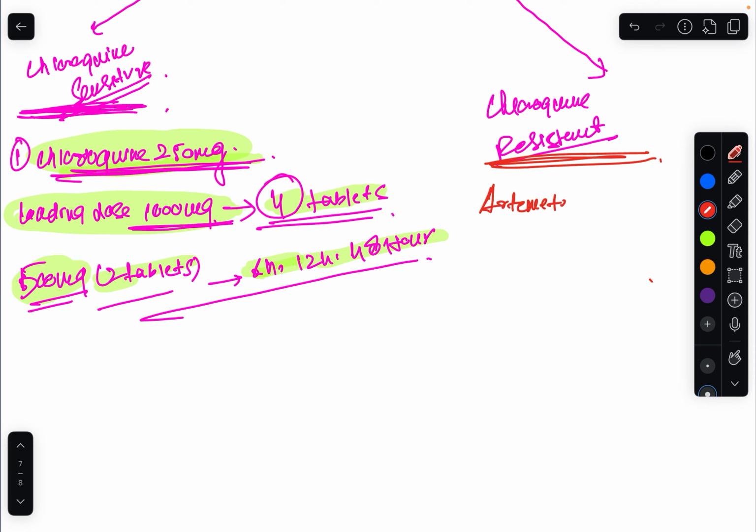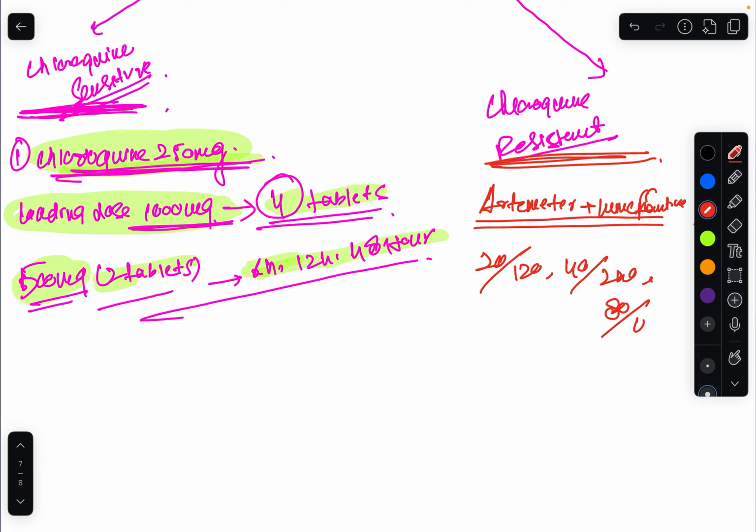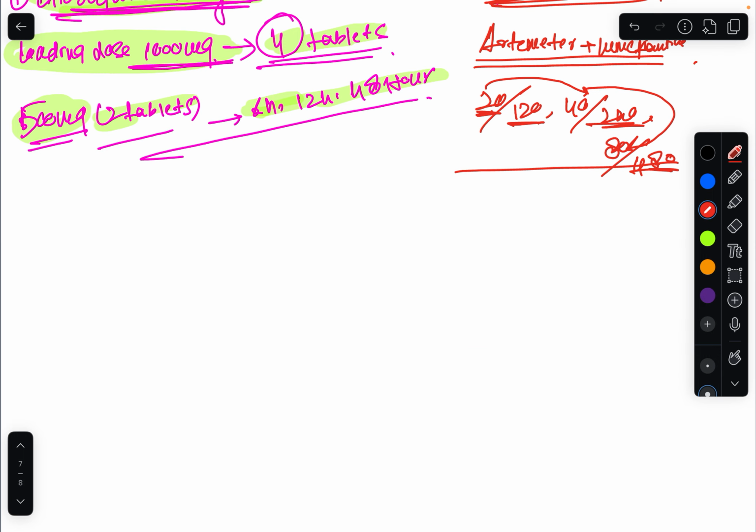artemether plus lumefantrine. It comes in different formulations like 20 into 120, 40 into 240 and 80 into 480. Just double: 20 becomes 40 and 40 becomes 80; 120, 240 and 480. These are the three combinations available for artemether lumefantrine.